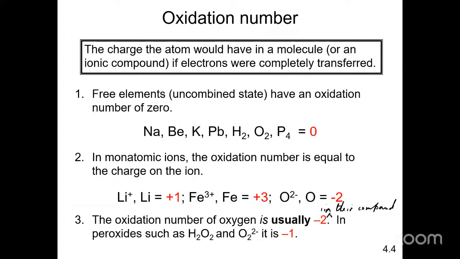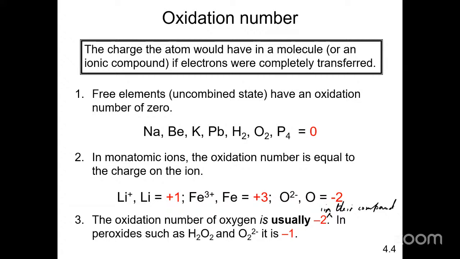Now, there are some exceptions. One of the exceptions would be hydrogen peroxide, and the other exception would be any compound that contains the peroxide ion. So if you have hydrogen peroxide or any peroxide ion present in the compound, the oxidation number of oxygen in those compounds will be -1.